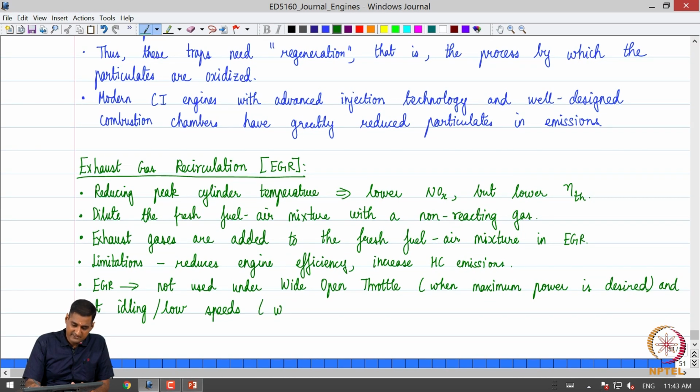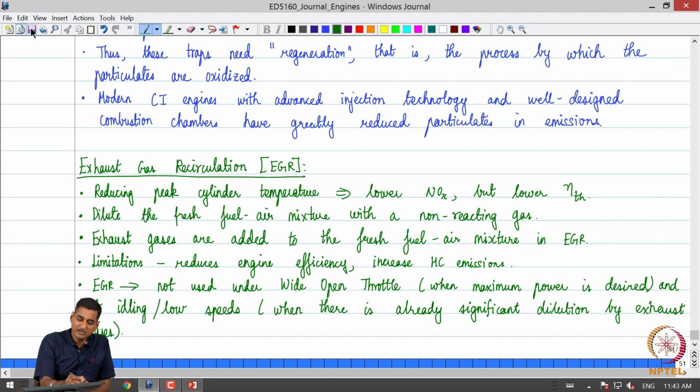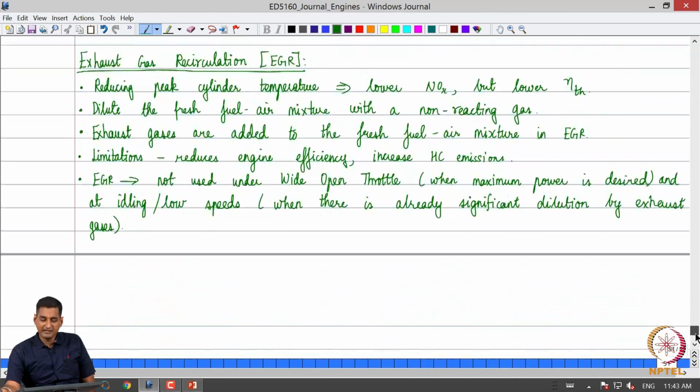Under these conditions, there is already significant dilution by exhaust gases. So, that is the process of exhaust gas recirculation. The main purpose is to reduce NOx by bringing down the peak cylinder temperatures.